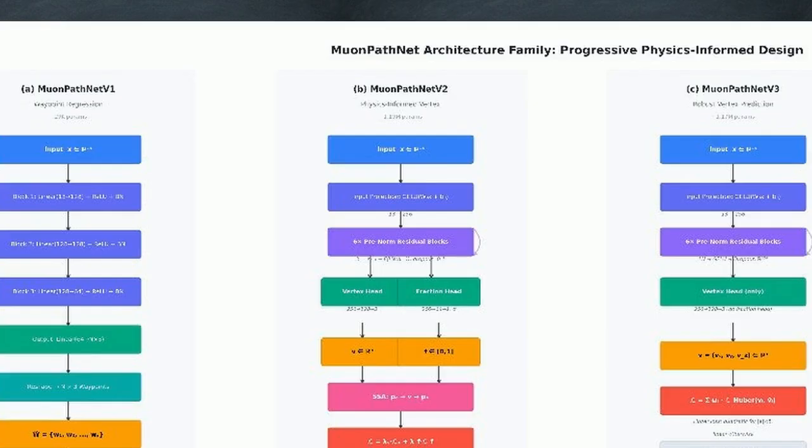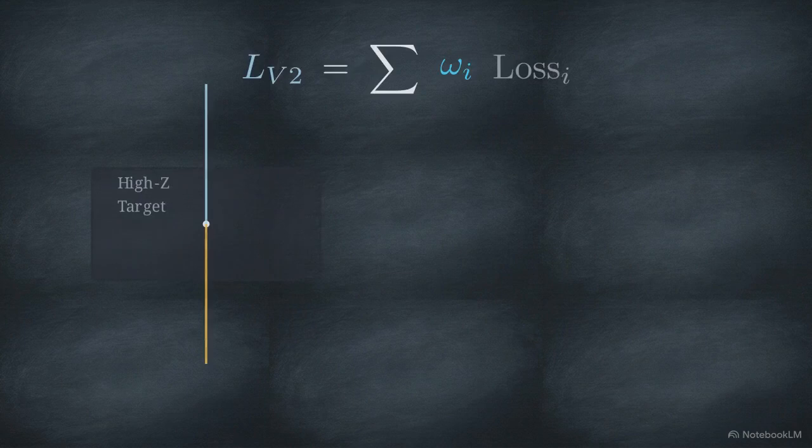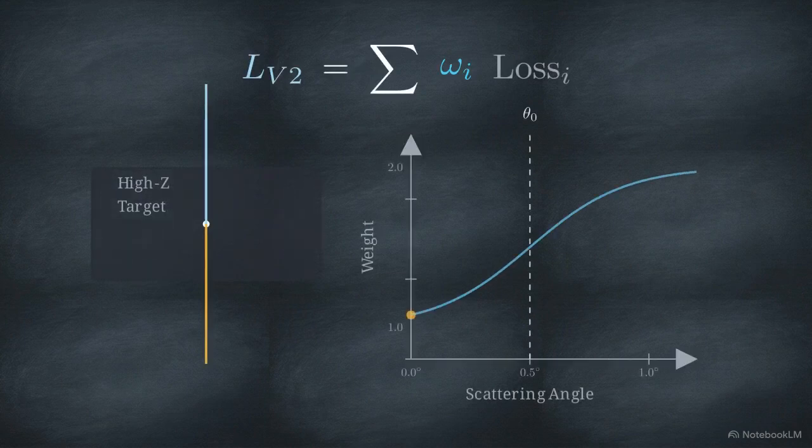The V2 panel shows an upgraded structure, a 6-block prenormalization residual backbone processing features in a 256-dimensional space. The data flows into two specialized heads. The fraction head strictly confines the predicted scattering point within the measured volume. V2 also introduces an angle-weighted composite loss function.